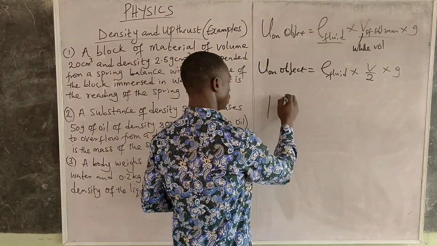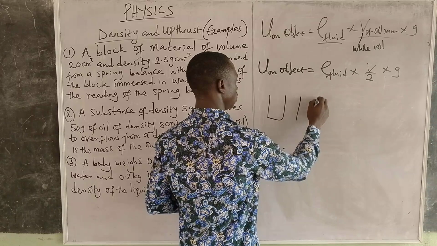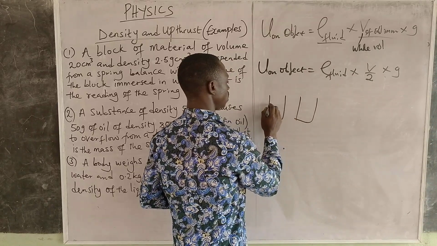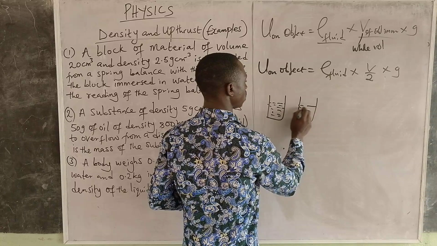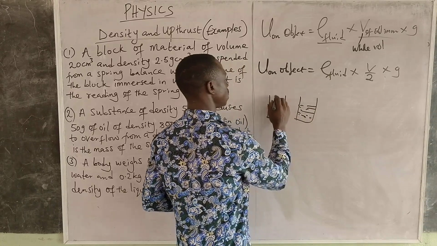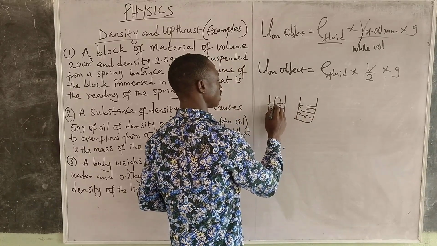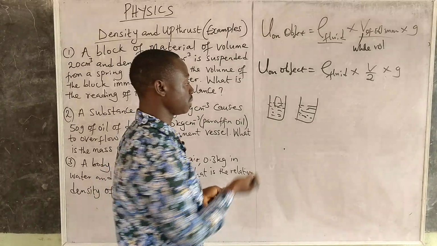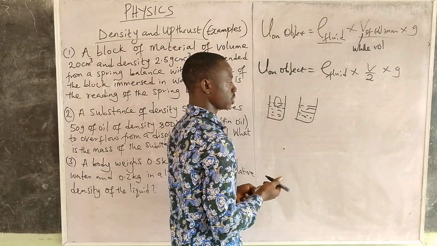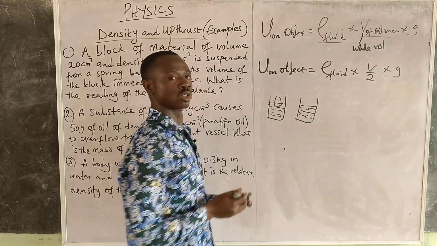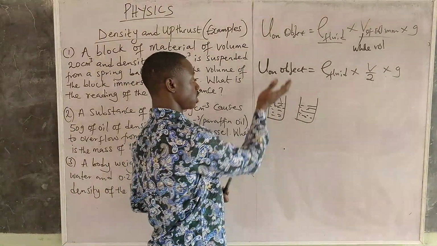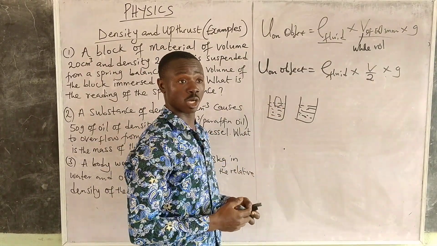For example, if I have water in each of these containers, water up to this level and water up to this level. Now let me assume I dip an object inside here partially. What do you think will happen? There's going to be some displacement of water upward.